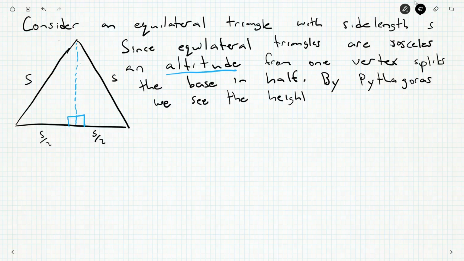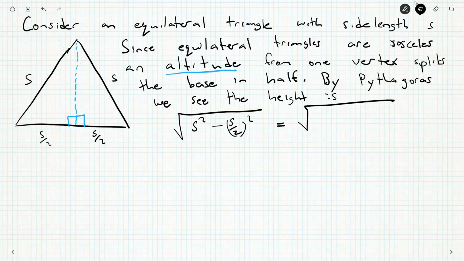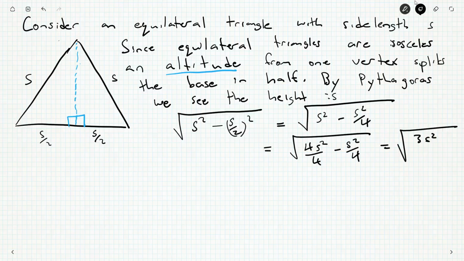So we see the height is the square root of S squared minus S over 2 all squared. You could set that up a little better, but I'd say it's clear. So it's square root of S squared minus S squared over 4. So square root of 4 over 4 S squared minus S squared over 4. So it's square root of 3S squared over 4. So it's root 3 S over 2.